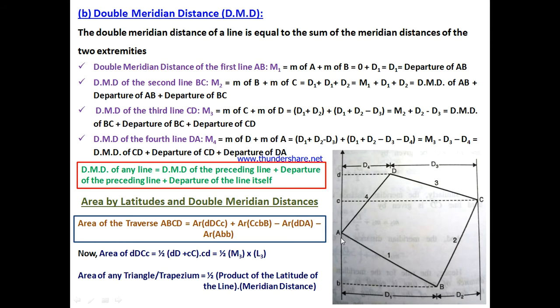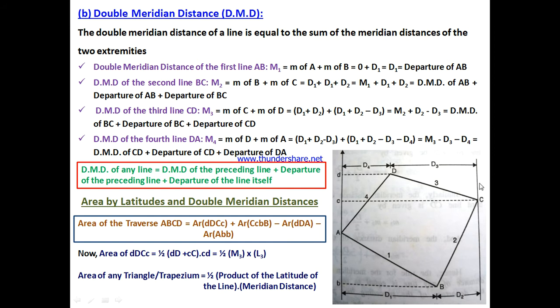It will be equal to the sum of the meridian distances of the extremities, which are A and B. So the double meridian distance of line AB will be equal to the meridian distance of A plus the meridian distance of B. The meridian distance of A is 0 here, and the meridian distance of B will be D1. So it is 0 plus D1, which is D1 only, the departure of AB, or we can say the double meridian distance of the first line AB.